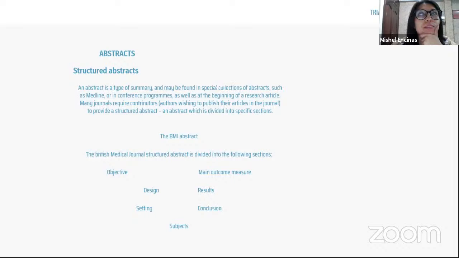When you make an investigation or a monograph or a research, you can have a box of results, right? Where you can list the results. And that's a little bit similar in this case with this translation, "medidas de resultados," main outcome measure.